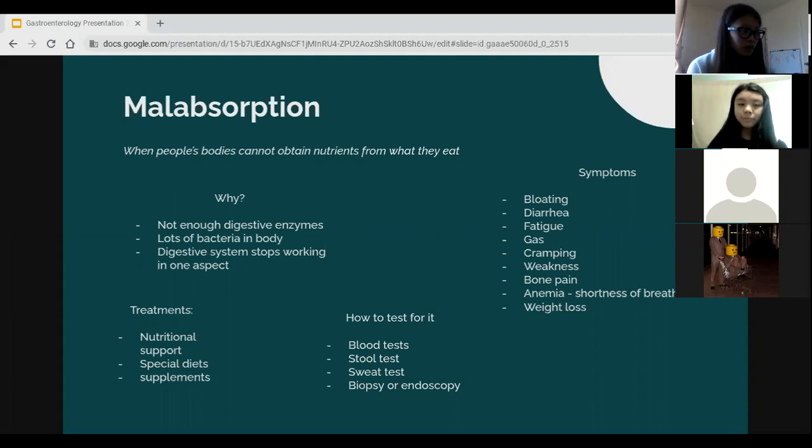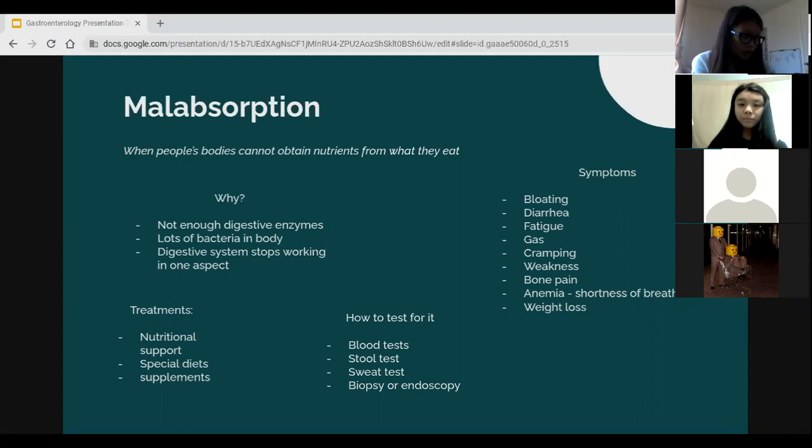And some symptoms for this would include bloating, diarrhea, fatigue, gas, stomach pain, and iron deficiencies, which could lead to anemia and weight loss. Doctors test for this using a lot of tests because this is a really broad subject.